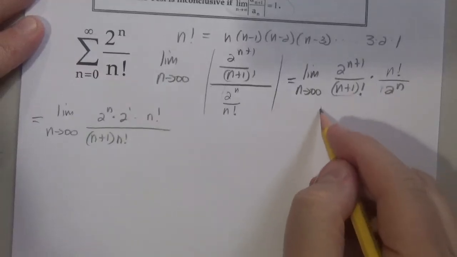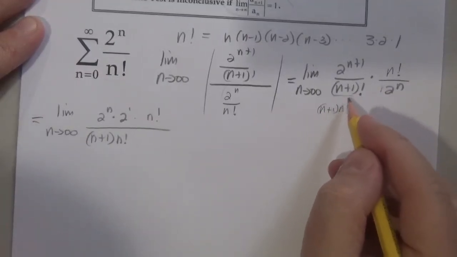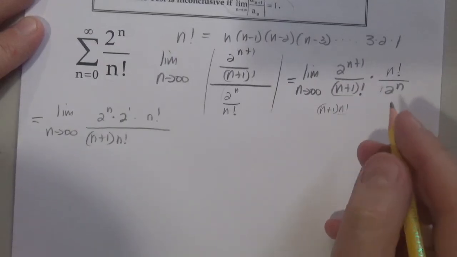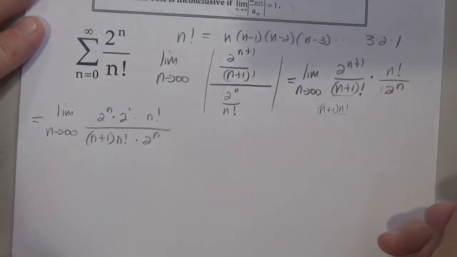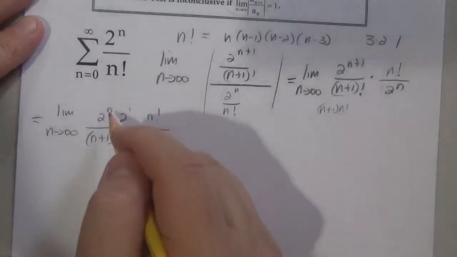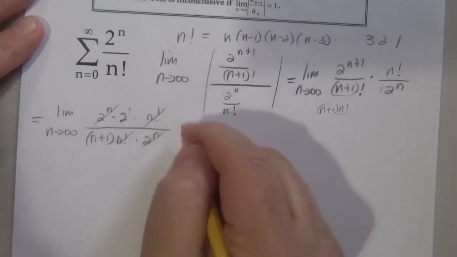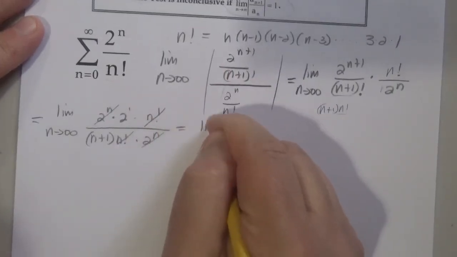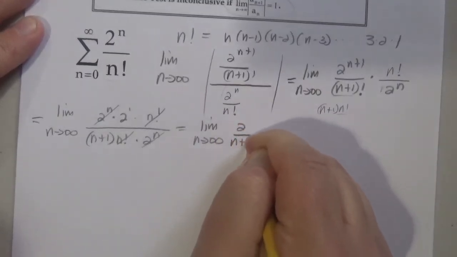Because I can break this up as n plus 1 times n factorial. I'll just peel off one of the terms and I'm still left with n factorial times 2 to the n. Well, what happens? This cancels, this cancels, this cancels, that cancels. I'm left with the limit as n approaches infinity of 2 over n plus 1.